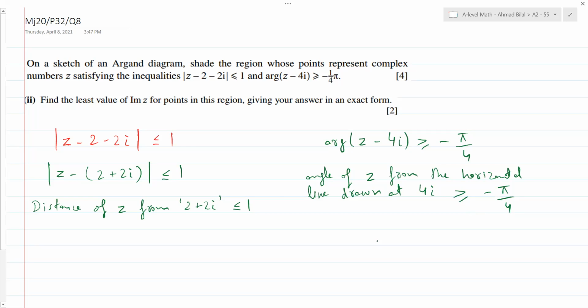So do you understand these two statements? Is that okay, Isha? Sarah?